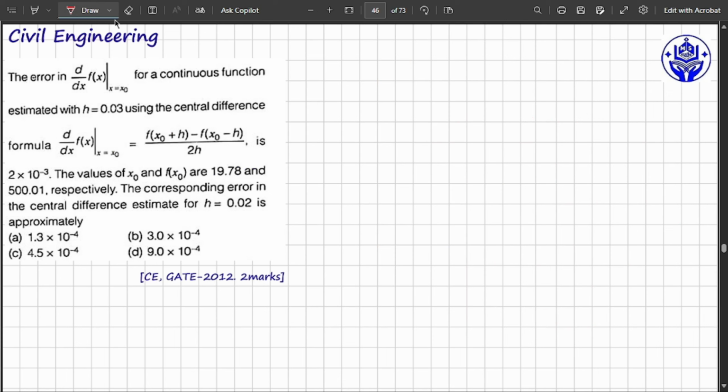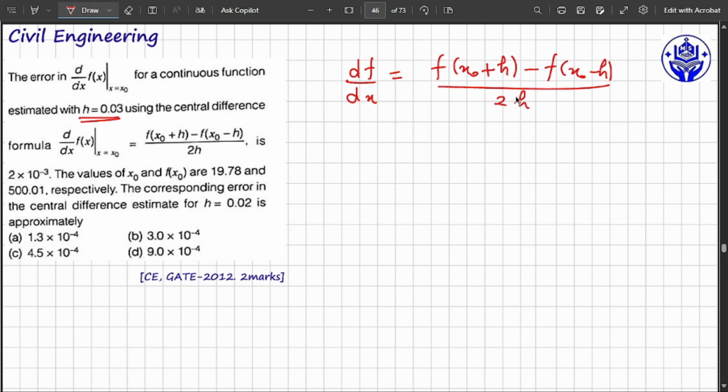Next question is related to the error in d by dx for a continuous function with h equal to 0.03 using the central difference formula. This is related to finite difference operators or the finite difference method. So the central difference formula is this: d by dx of f of x is f of x0 plus h minus f of x0 minus h divided by twice of h.